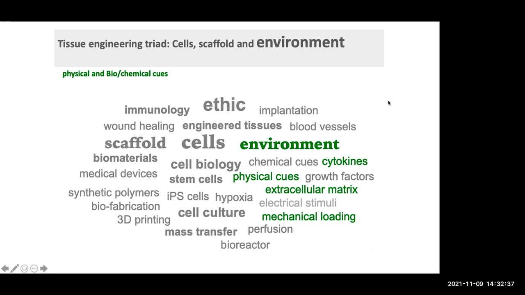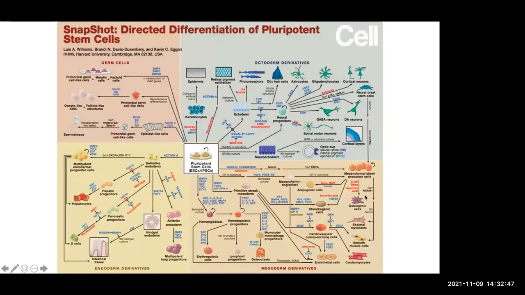So we put the cells, combine them with the scaffold already, and now how are we going to culture them, right? I will show you some examples of what people have been doing, and it's very interesting to see that we can apply both chemical and physical cues to trick the cells into becoming what we want them to be.